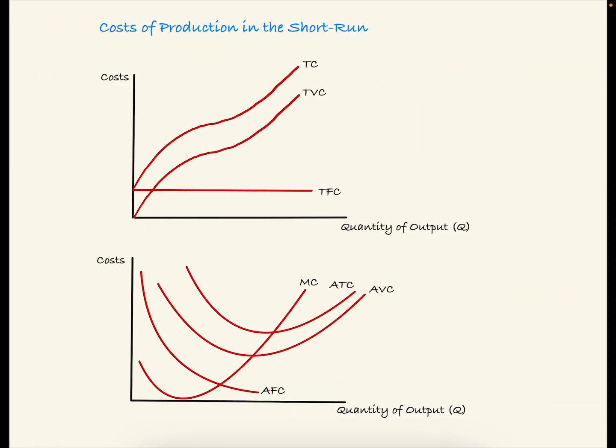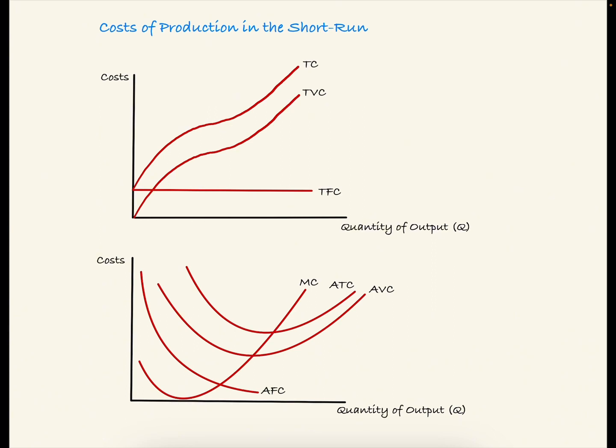Here we're looking at costs of production in the short run again, but now we're looking at it through graphs. Let's take a look at the first example. First, total fixed cost is a horizontal line. Because total fixed cost does not change regardless of the quantity of output, it is a horizontal line.